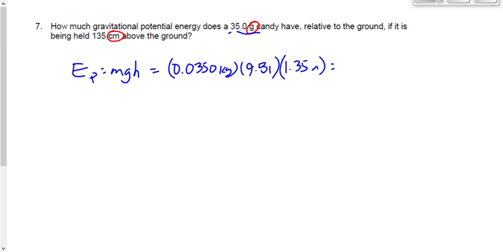When we do the math on that one, we end up getting 0.464 joules. And it should be 3 significant digits for our final answer. So we get 0.464. Good? Any questions on that one, or any questions on any of the other ones that I assigned to you? We're all good? Excellent.